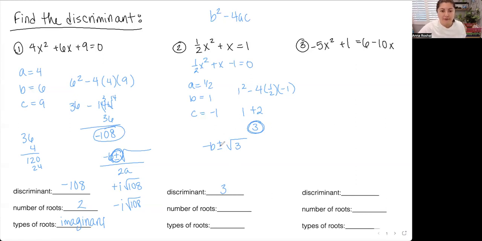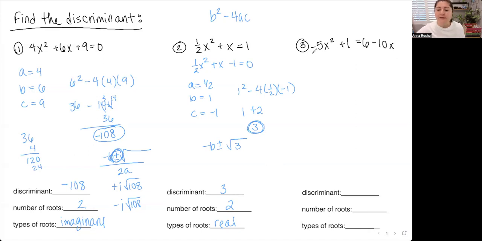Because I'm going to add or subtract this root 3, again I'm going to have 2 roots. In this case, however, I'm not going to have imaginary roots because there's not a negative in the radical. I am going to have real roots. So I'm going to have 2 real roots in this particular case.